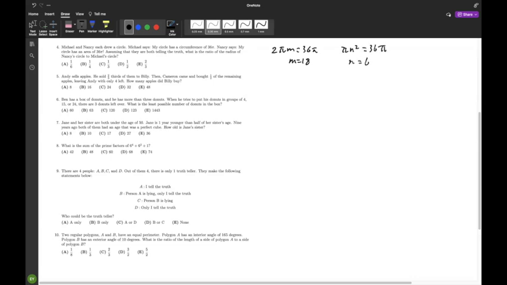Therefore, n is equal to 6. What is the ratio of the radius of n circle to the m circle? So we are finding n to m, which is 6 to 18, which is 1 to 3, which is simply 1 over 3, and that is C.